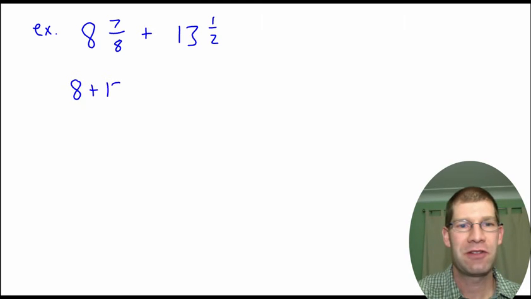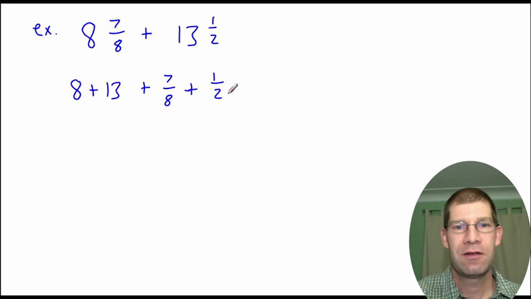So I have 8 plus 13. Then combine the fractions, which would be my 7/8 plus my 1/2. And from there, I might as well add these. So 8 plus 13 gives me a 21. And now if I want to get common denominators, it's going to be an 8.